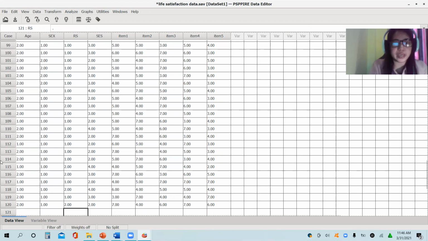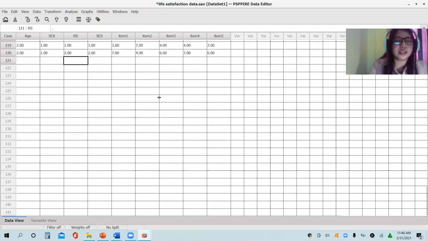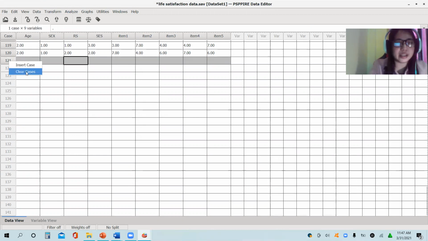As we can see here, our respondent number 121 is activated. If we compare it with 122, it is darker. So we have to remove this. Right click and clear.